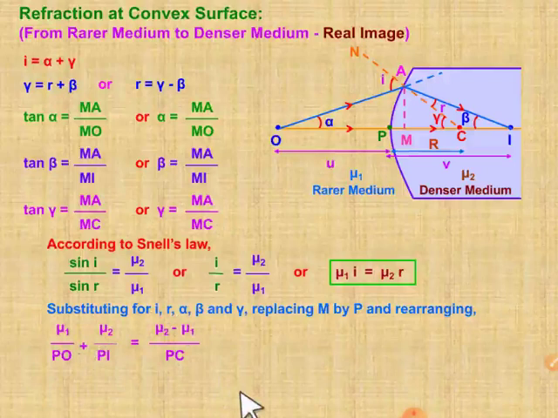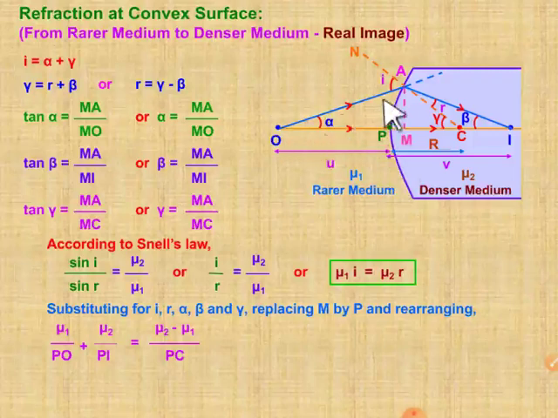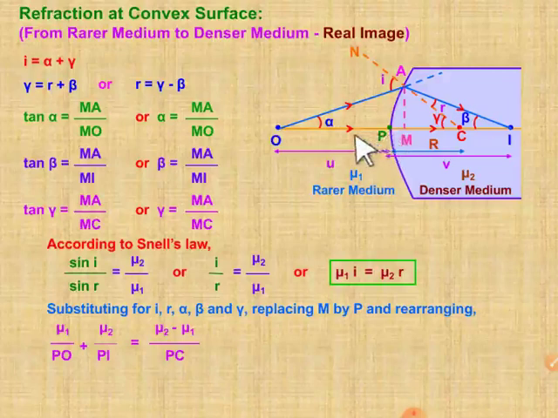Now after putting the sign convention for PO, this is against the incident ray. The incident ray is in this direction, from left to right, and if you measure the distance of the object from the pole, you need to measure it in this direction, 0, 1, 2, 3 like that. That means your measurement is against the incident direction.